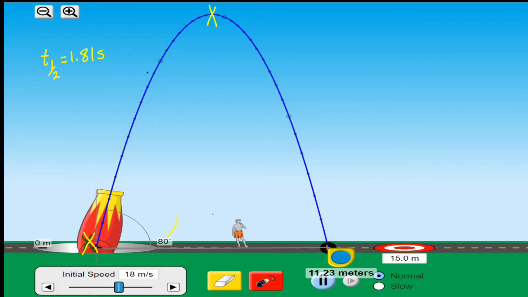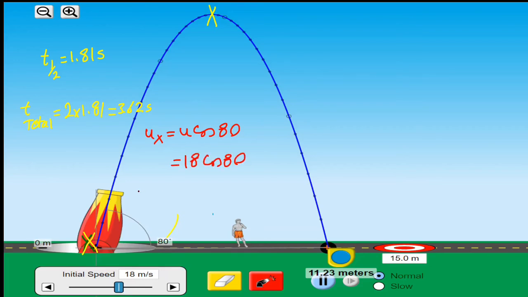So we can say the total time of flight, T total, is 2 times 1.81, that is equal to 3.62 seconds.